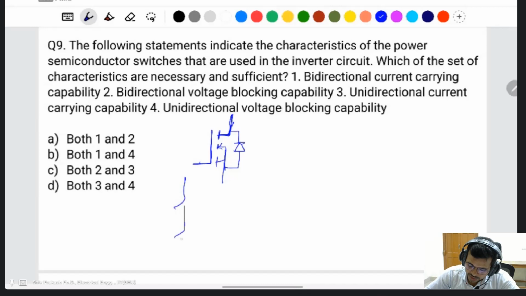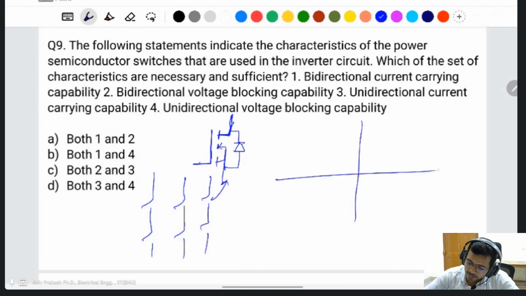In a three-phase inverter you have three legs, and one leg's switches are like that. This is the voltage, this is the VI characteristic. All of you know the characteristic of the MOSFET.